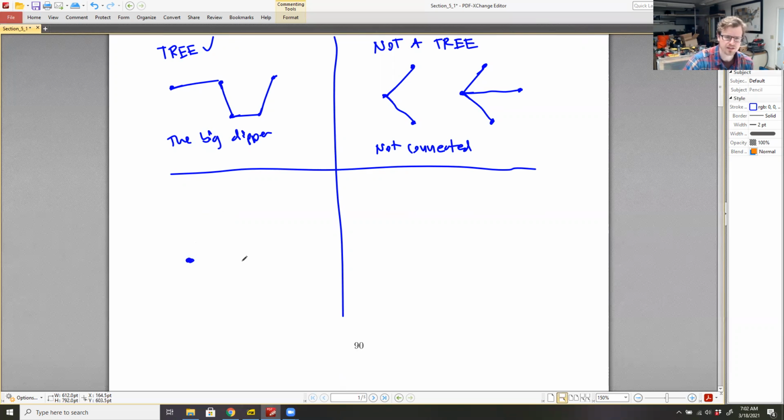So let's look at another example. Let's go with several vertices again. Something like this. Quite a few vertices there, and I'm going to connect a whole bunch of these together. And like this.